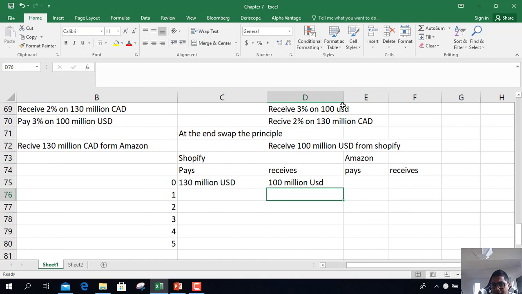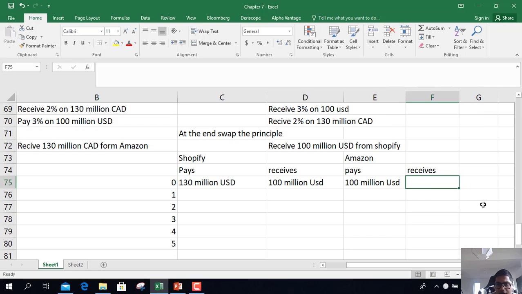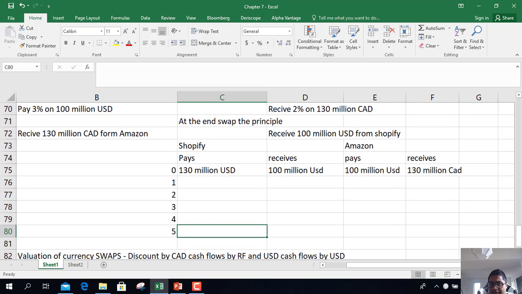Amazon same way pays 100 million USD and receives 130 million Canadian dollars. So principal is exchanged at the beginning. Then interest is paid or received. And at the end, again, principals are exchanged.